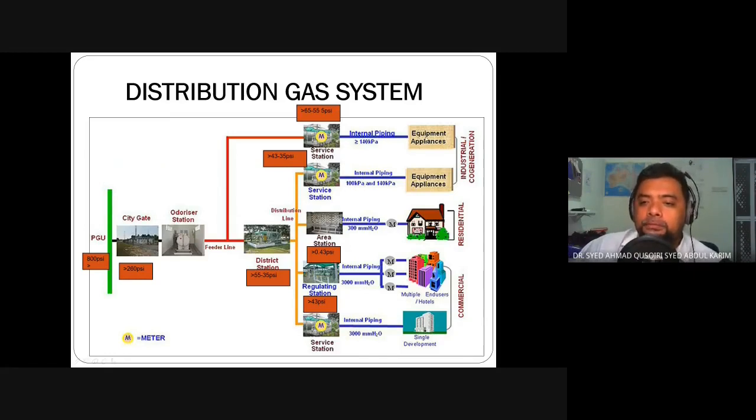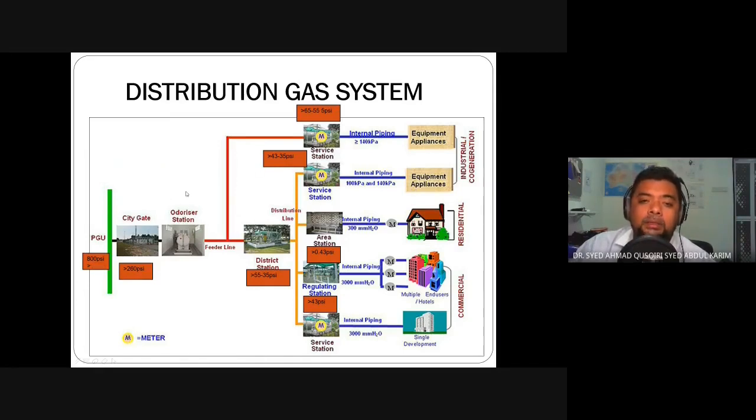For industrial customers, which use a lot of natural gas at high pressure, they just tap from this main feeder line for their use. As you can see, as the gas goes through this pipeline, the pressure is being reduced.